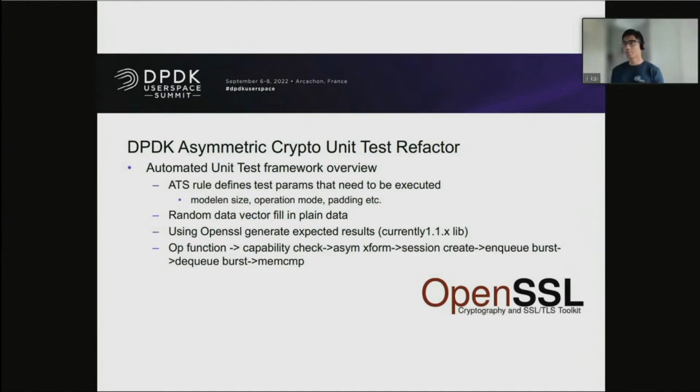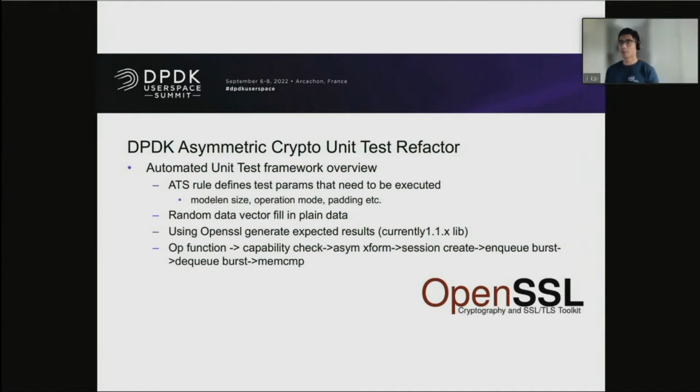With all the problems in mind, we created the ATS rule structure to capture the asymmetric parameters that need to be executed. The rule contains a configuration of the key size, op mode, padding configurations, and modulus length size based on the test algorithm.